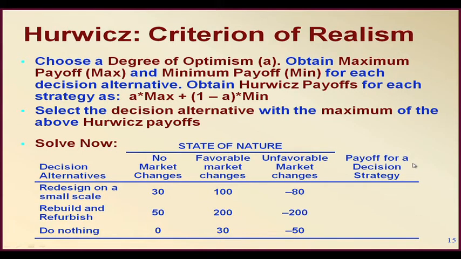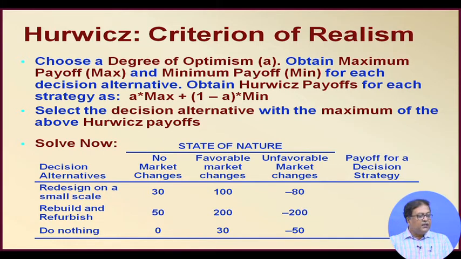The Hurwicz criteria says: choose a degree of optimism, let us call it A, obtain maximum payoff max and minimum payoff min for each decision alternative, and then obtain the Hurwicz payoff for each strategy as A times max plus (1 minus A) times min. That means select the decision alternative with the maximum of the above Hurwicz payoffs.